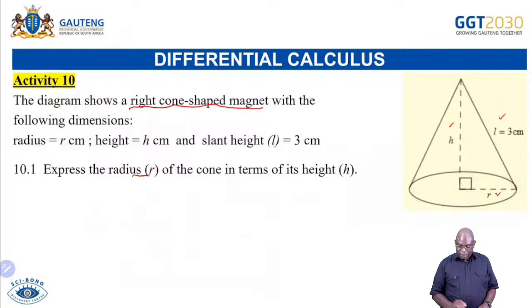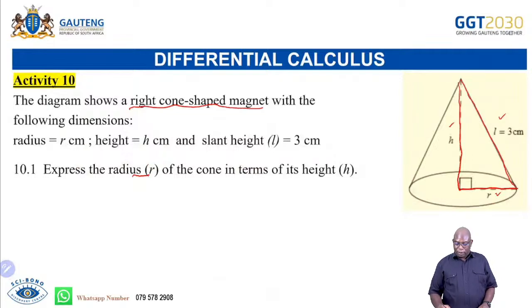Express the radius, so express that R. See that thing here, and I know we've done something like this in your past. That is a right angled triangle. So if it's a right angled triangle, what comes to mind? I've got 3 sides here. What comes to mind? The theorem of Pythagoras.